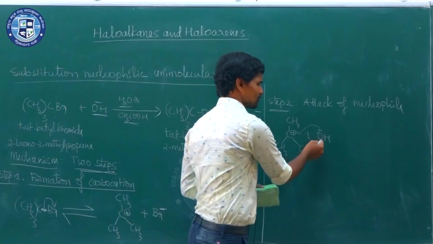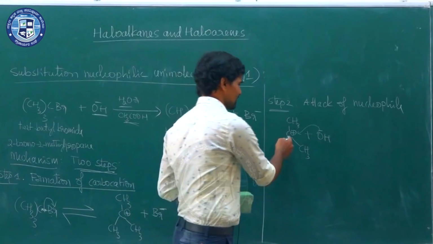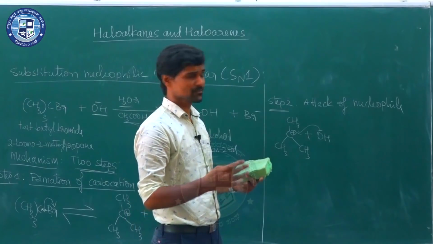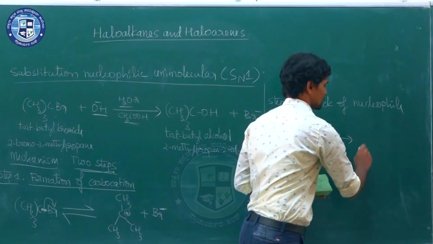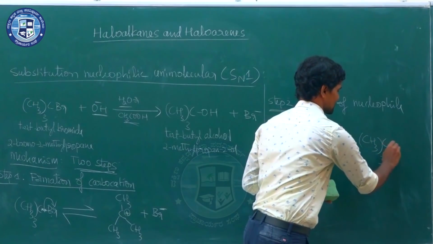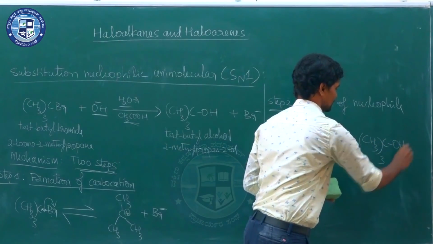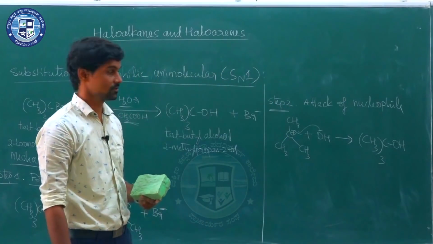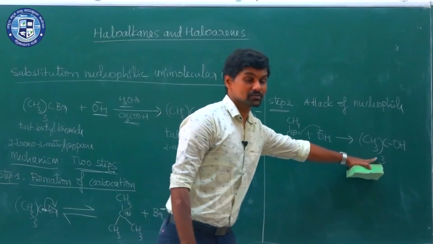You can understand, the nucleophile possesses negative charge and carbon has positive charge. So the reaction takes place quickly and you get (CH3)3COH, that is tertiary butyl alcohol, and you got the product.